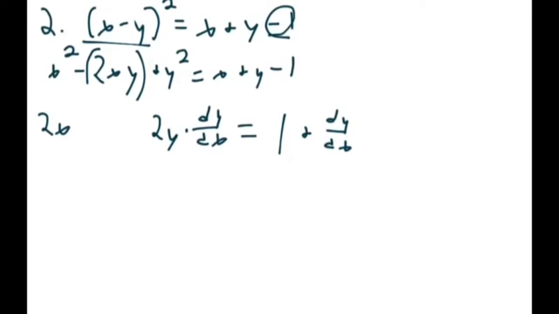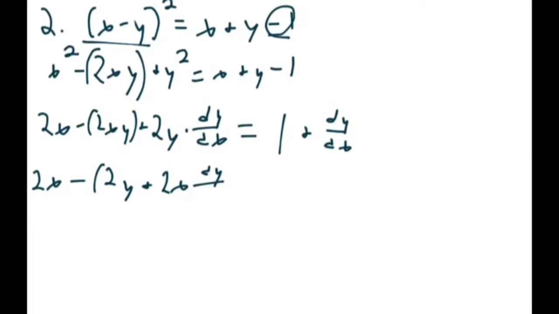So what we're going to do now is we're just going to recopy this for right now, and then we're going to do the product rule on the next line. Alright, so now it's time for the product rule. And what we're going to get from the product rule is 2y plus 2x times dy over dx.